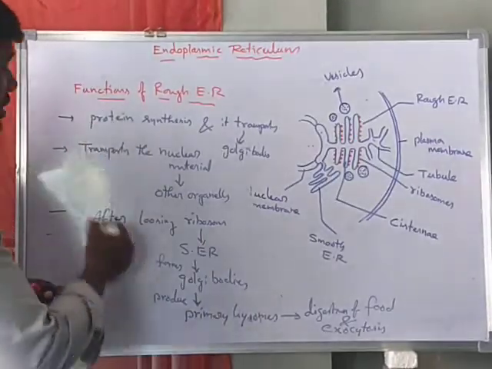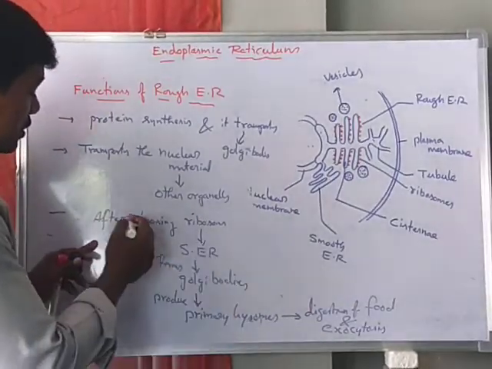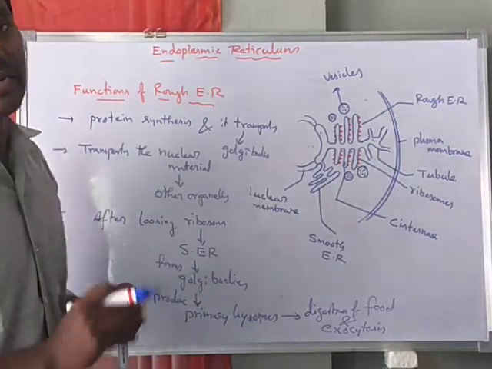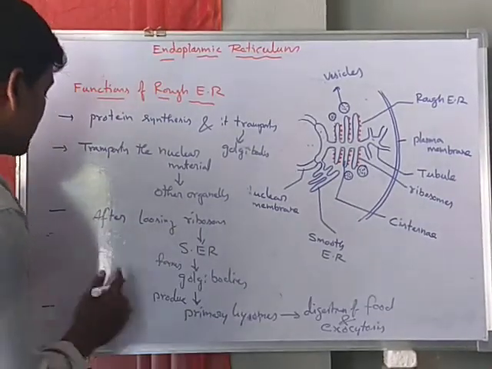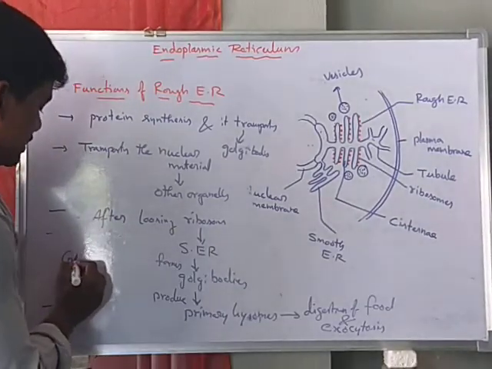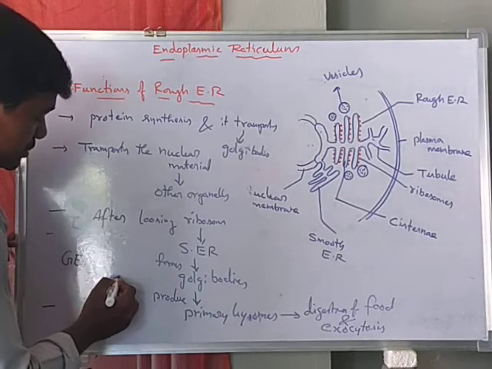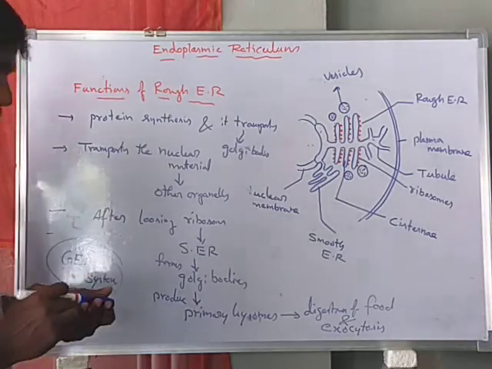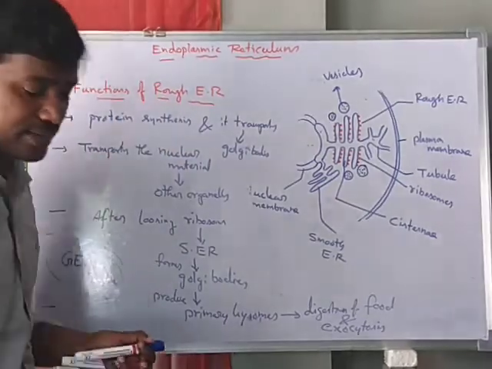So these happen when the ribosomes are removed from the rough endoplasmic reticulum. This process is called the GERL system. So this is about the functions of rough endoplasmic reticulum.